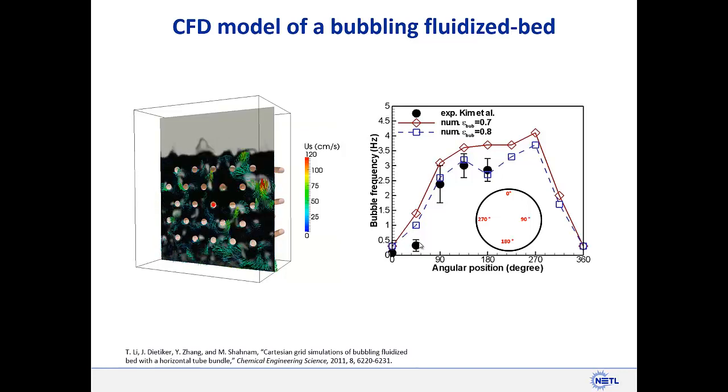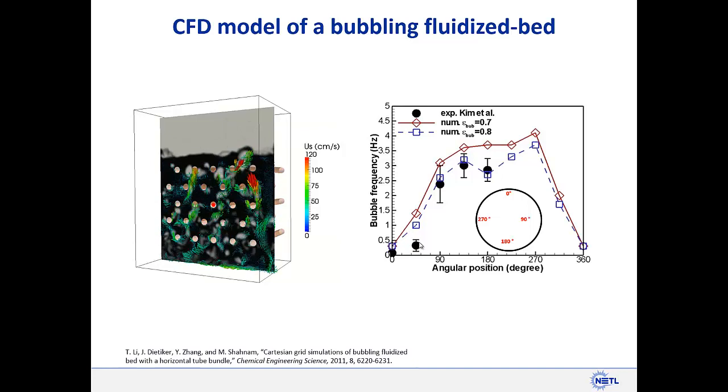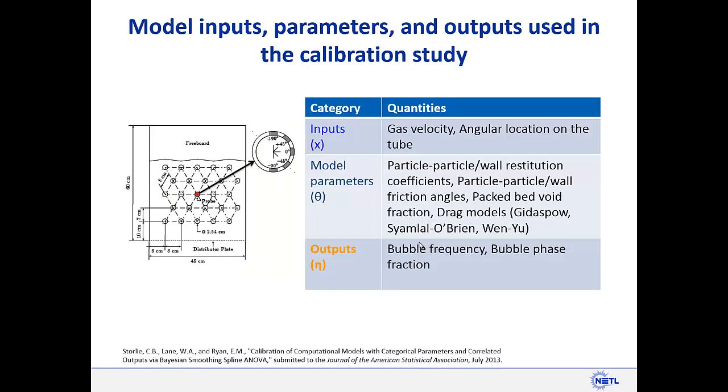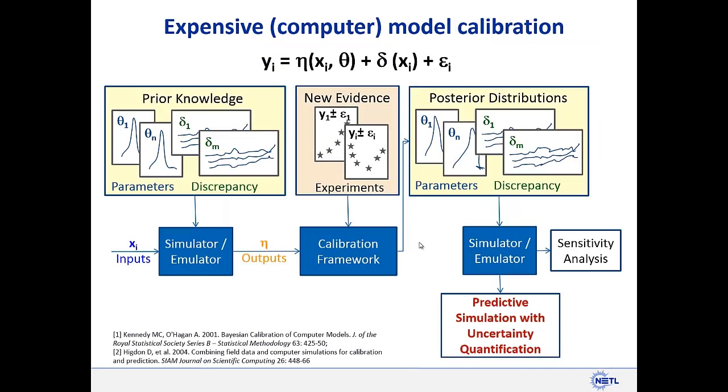So you used 3 different drag models. So it's not a continuous variable, right? It's categorical. You can use drag model A, B, or C, and they're using Bayesian calibration also to determine which one is the best one of 3.